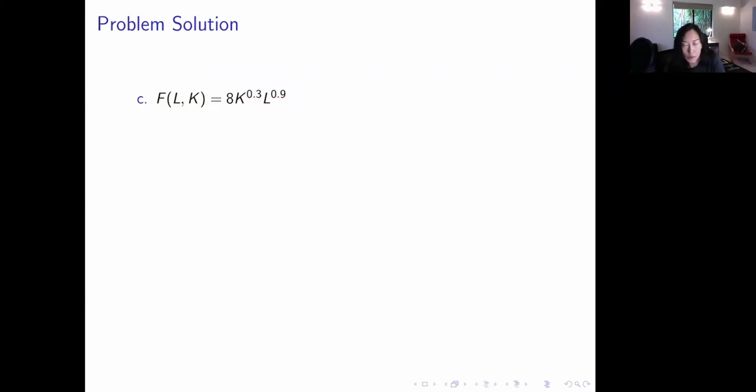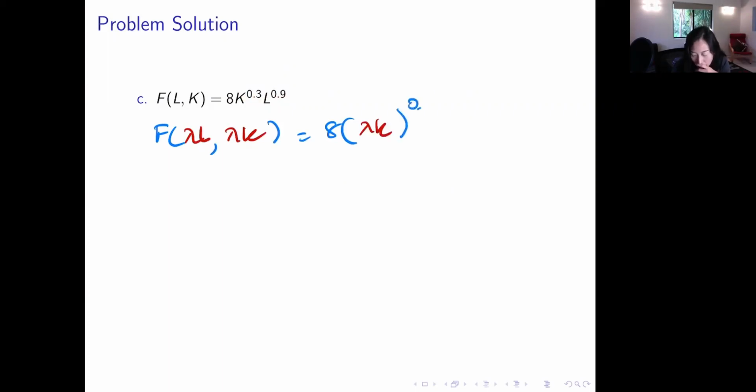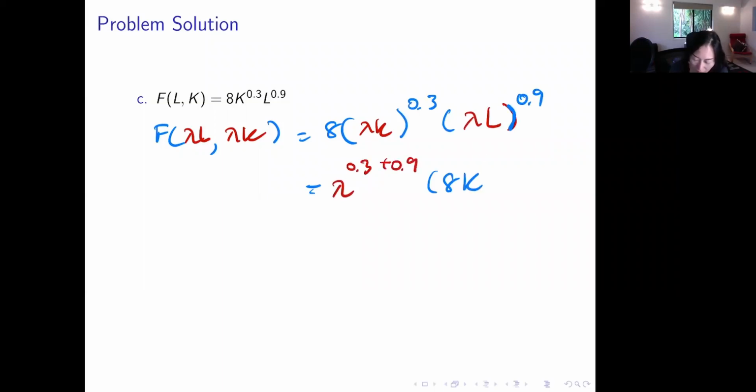So you can use that knowledge given that it's a Cobb-Douglas function, or you can derive it, right? F of lambda L, lambda K is equal to 8 times lambda K to the power 0.3 times lambda L to the power 0.9, which would be lambda to the power 0.3 plus 0.9 times 8K to the power 0.3 times L to the power 0.9, right?